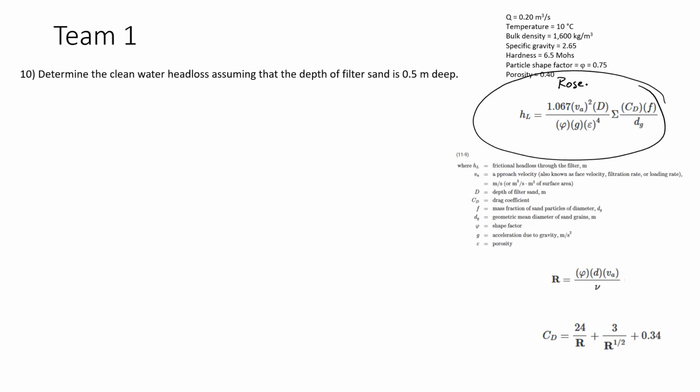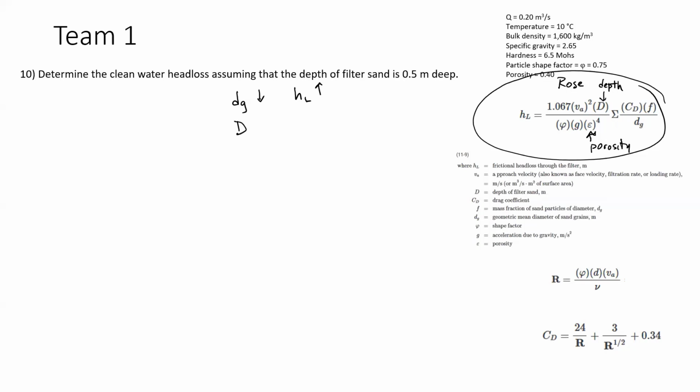There are a number of empirical equations. There is no theoretical equation. They're all empirical, and they relate head loss to approach velocity, depth of the filter, porosity of the material, and the coefficient of drag and the particle size. So as we talked about, as we decrease particle size, we increase head loss.